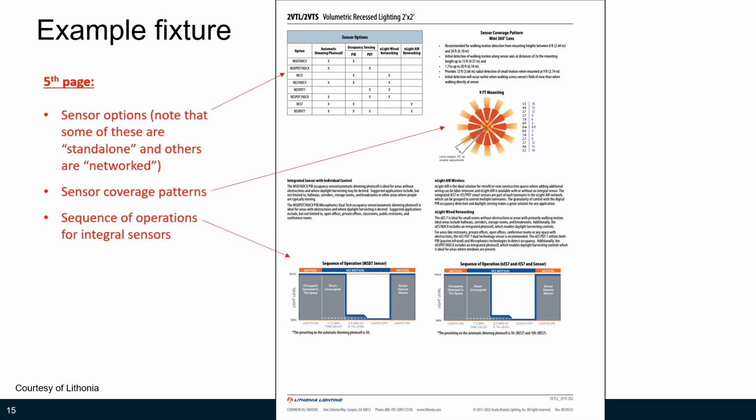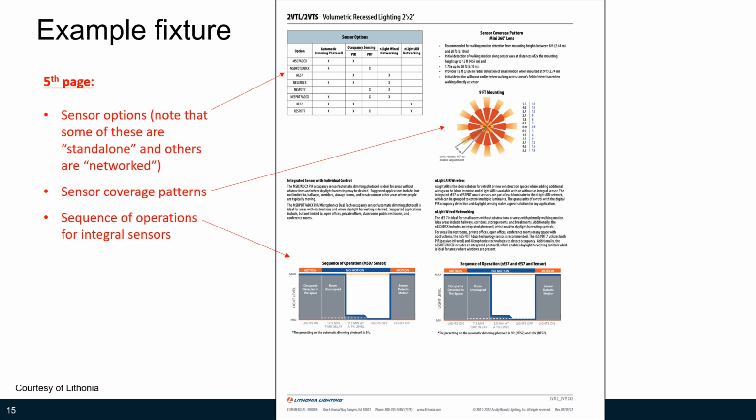The sensor coverage pattern is important because you need to know that the coverage will be adequate for what you need in a given space. And then not only that, but notice that now it's very common to have specific sequences of operations built into the circuitry in the sensor or in the system. And that's what you're seeing listed on the bottom of the page.